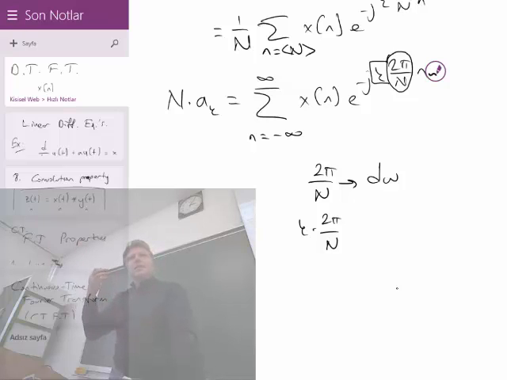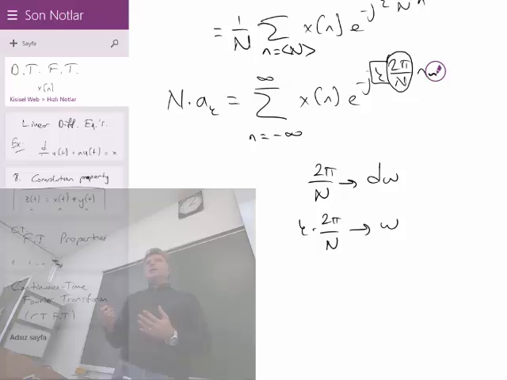So as k varies from minus infinity to infinity, k times 2 pi over capital N will stay in a reasonable limit. So it's like an infinity times 0 ambiguity. But this infinity times 0 ambiguity will go to the so-called frequency.